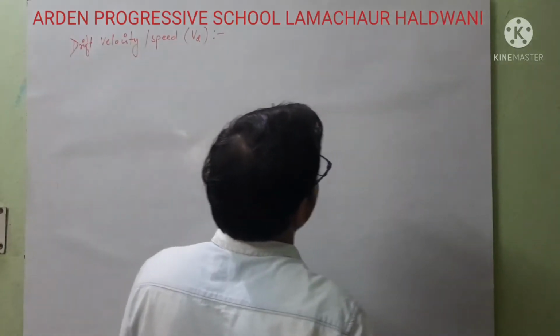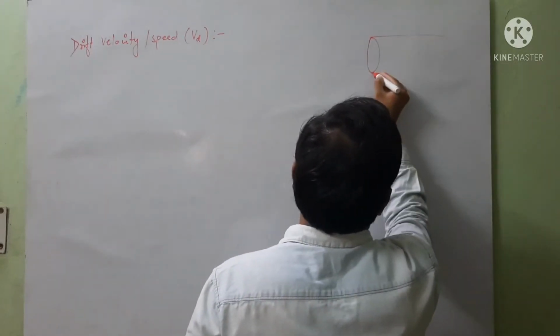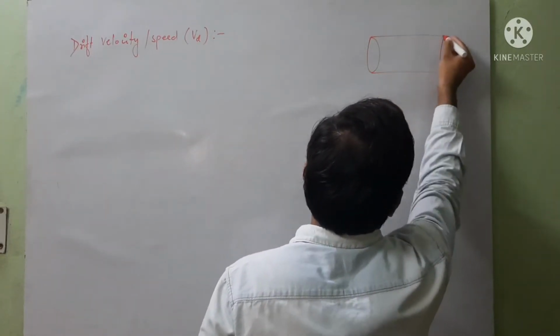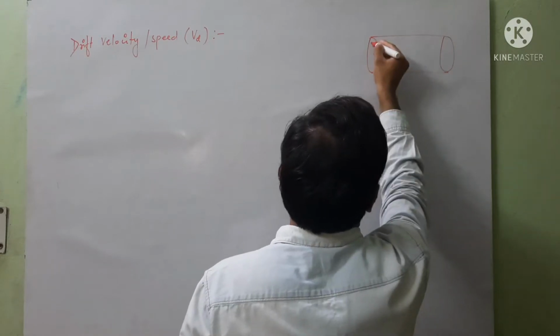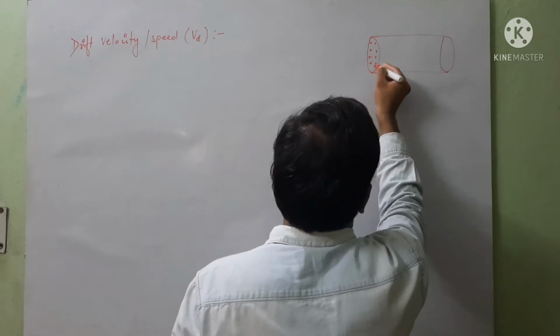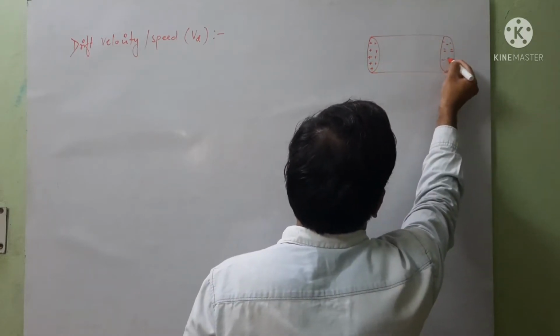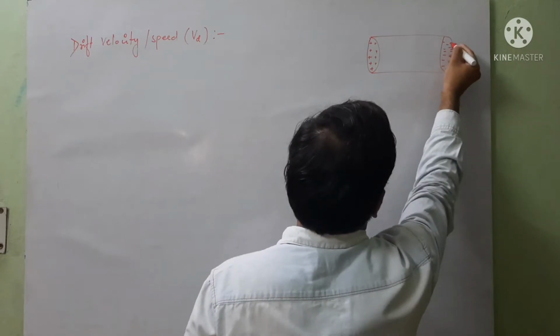So for that I am drawing a conductor. It is a solid conductor, and this is the positive terminal and this is our negative terminal. Got it?